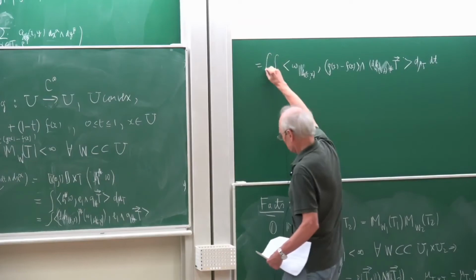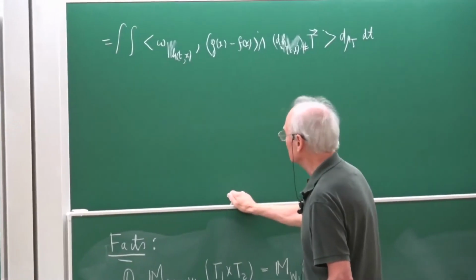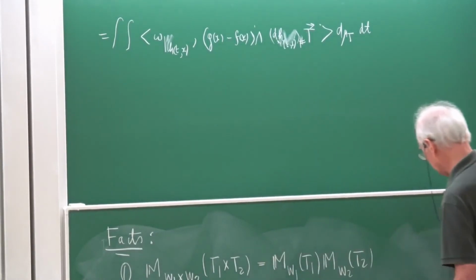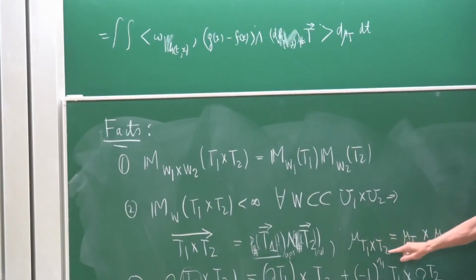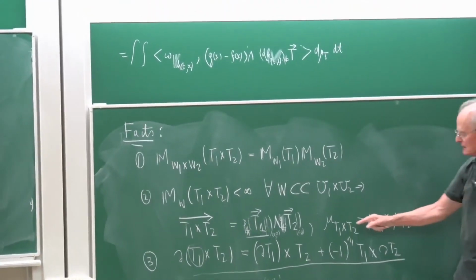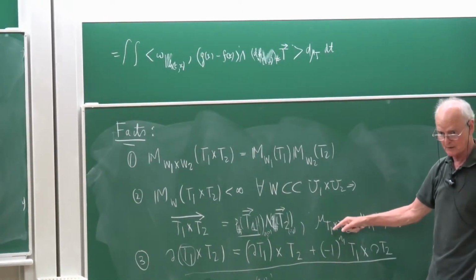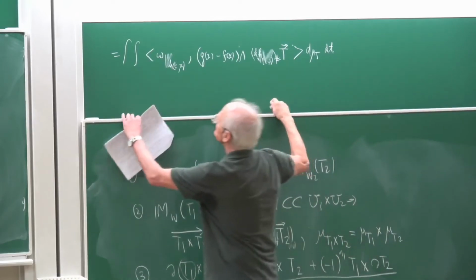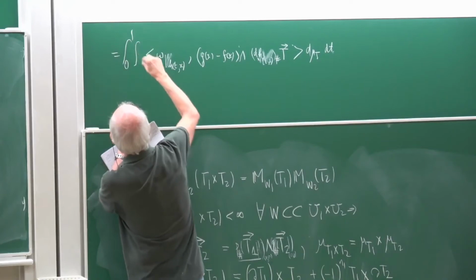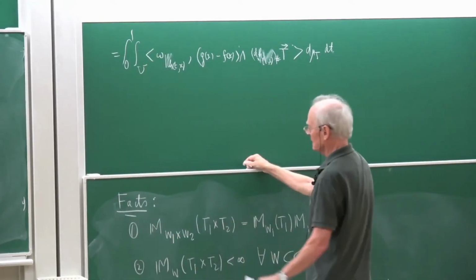Remember, I think we may still have it here. Yeah, here it is. The measure of the Cartesian product is just the product measure. In this case, the first one is Lebesgue measure on the real line, the 0, 1 part. So this gives us the Lebesgue measure from 0 to 1. And this bit is the integral over U, d mu t.